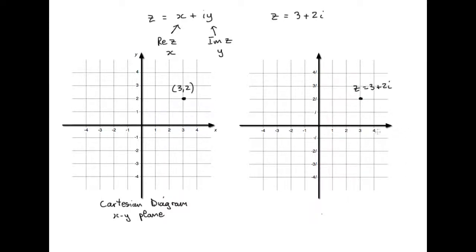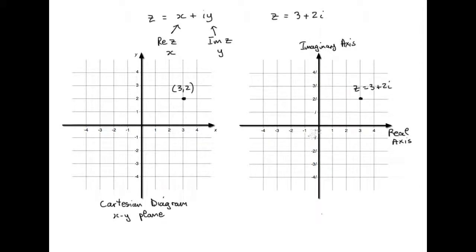So we now have what we'd have to call the real axis, which has the real part of the complex number along it, and this we would have to call the imaginary axis. And just as 1 is the real unit along this real axis, i is the imaginary unit, which is placed 1 unit up what used to be called the y-axis.